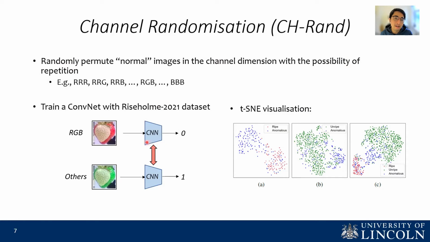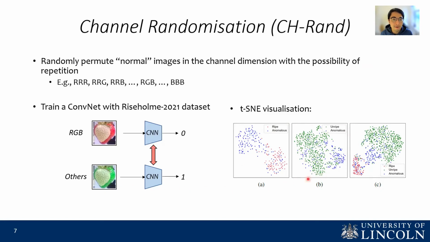Then we train a convolutional neural net with our strawberry dataset in such a way that with the original RGB, the output is 0, and with the other permutations, the output is to be 1. The intuition behind this is to force the neural net to catch unnatural patterns in color because unhealthy fruits would appear differently from healthy ones, particularly in color.